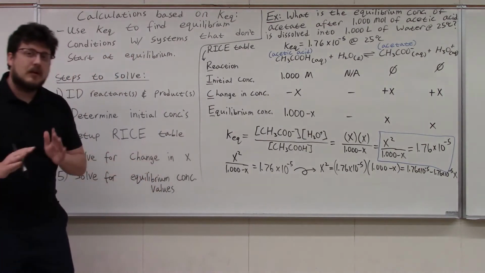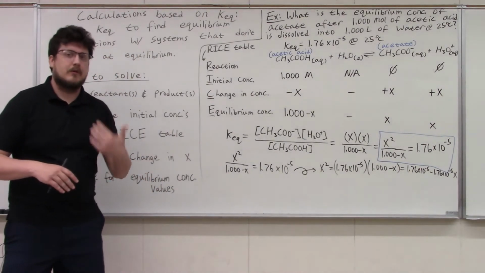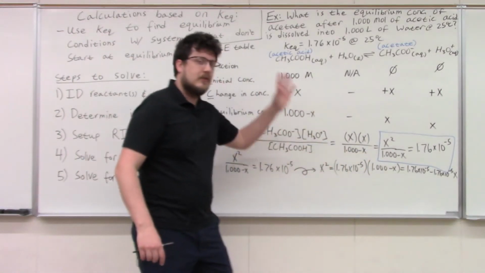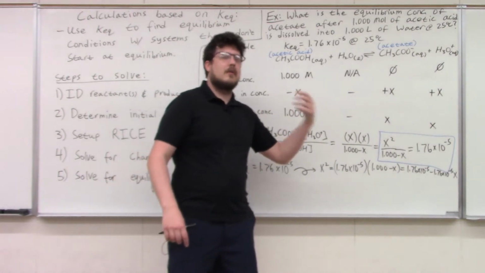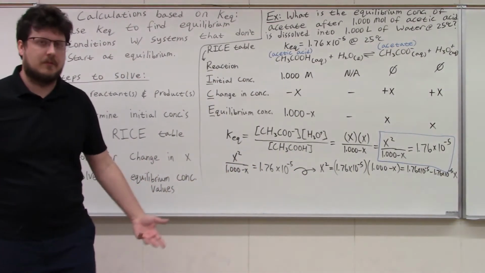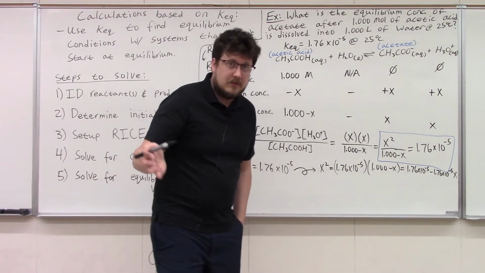What I'm setting up for, if you haven't noticed, is a quadratic equation, so a quadratic formula. I'm going to want 0 on one side, and then something times x squared plus something times x plus some other number. Keep in mind any of those numbers could be negative, so it might be a subtraction.